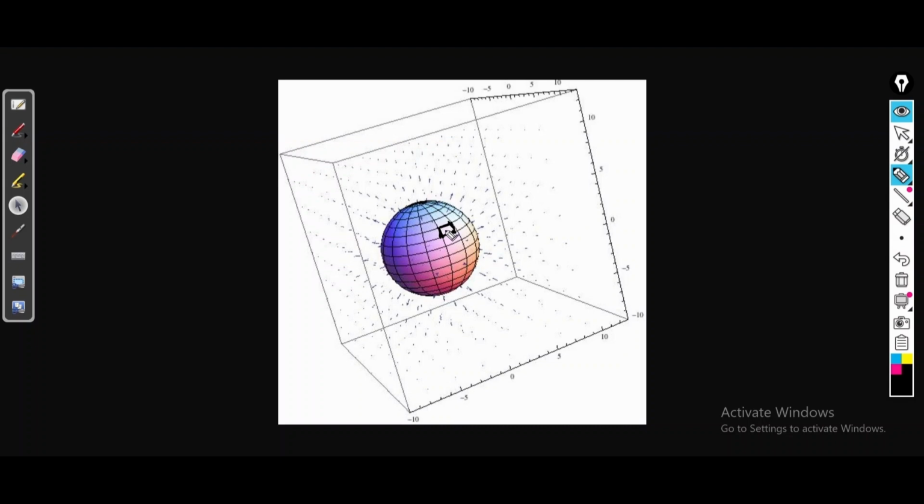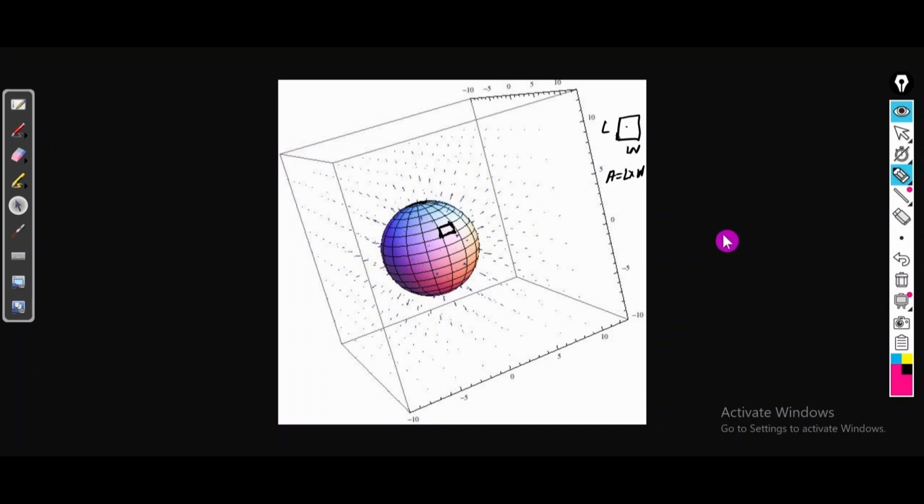As we know, a surface has an area, and the magnitude of the area is length multiplied by width. So area is equal to length multiplied by width. And the direction of the area in this case is perpendicular to this area.